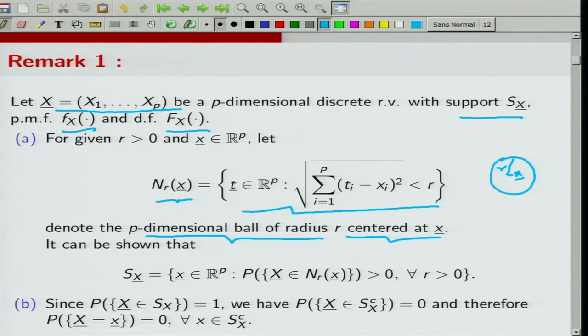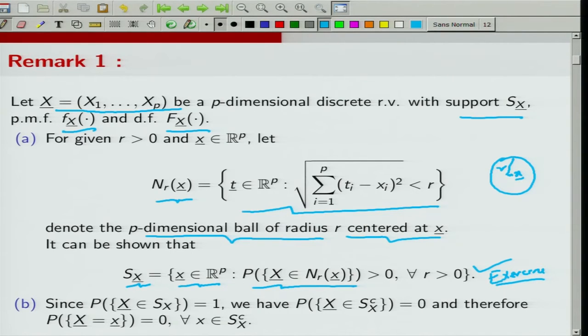Now, one can easily show that, as in the case of a one-dimensional random variable, the support of a discrete random variable is the same as the collection of all those x belonging to R^p such that probability that X belonging to N_r(x) is greater than 0 for every r greater than 0. So, that is S_X. It is straightforward, so I leave this as a quick exercise.